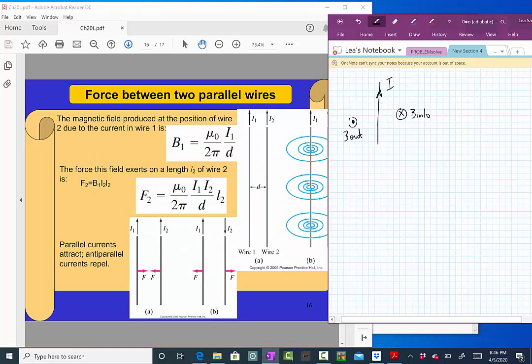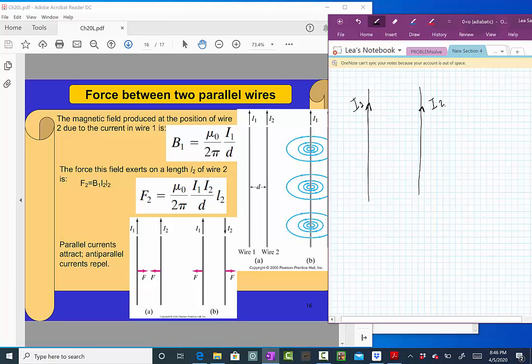Okay, now let's go to the next slide. As we said, what we have now is two wires. So I'm going to draw here one wire that is carrying the current I1. And here I have another wire parallel to it carrying another current I2.